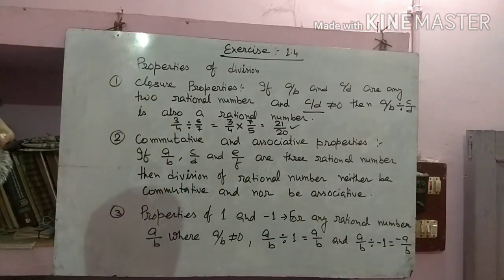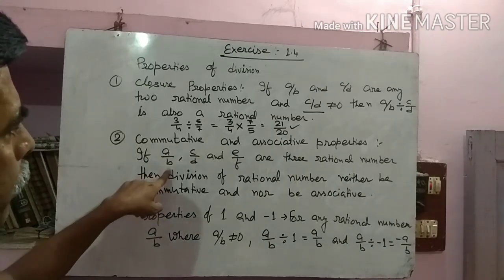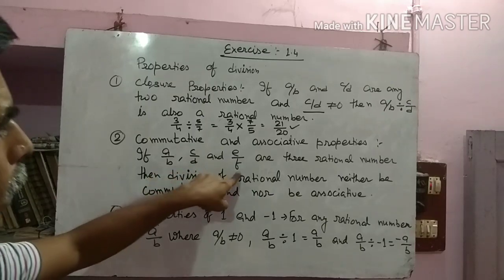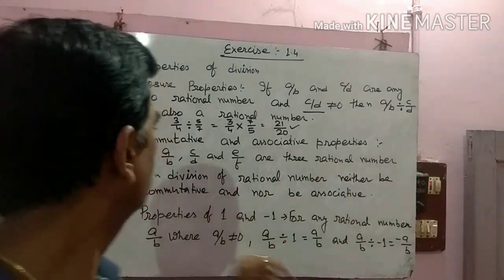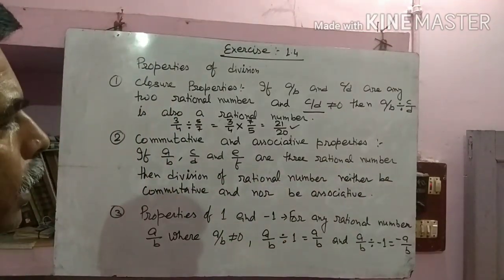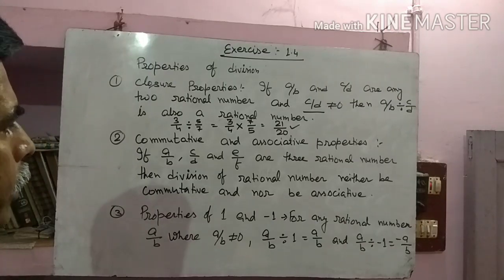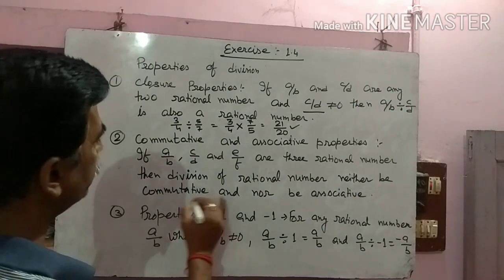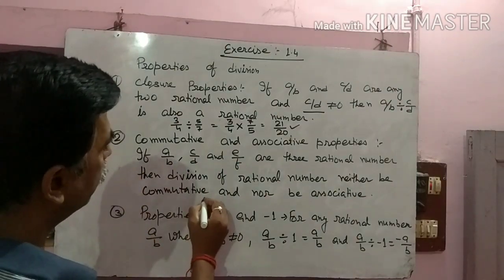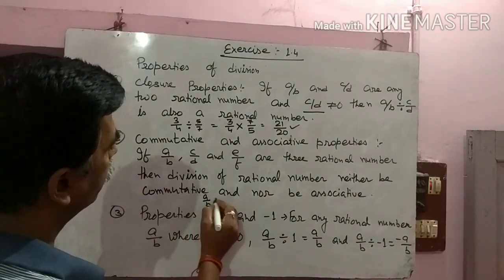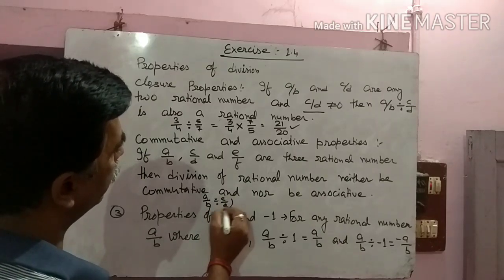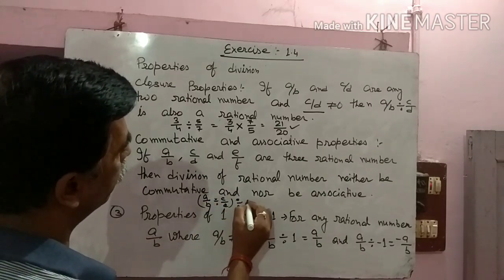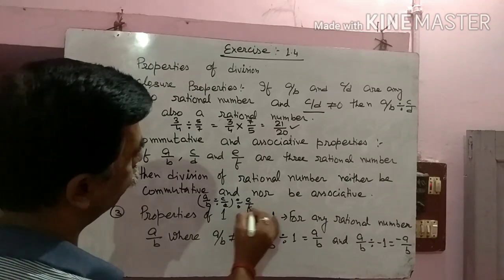The next one is the commutative and associative properties. If a by b, c by d and e by f are three rational numbers, then division of rational numbers is neither commutative nor associative. Suppose a by b divided by c by d, and this is also divided by e by f.